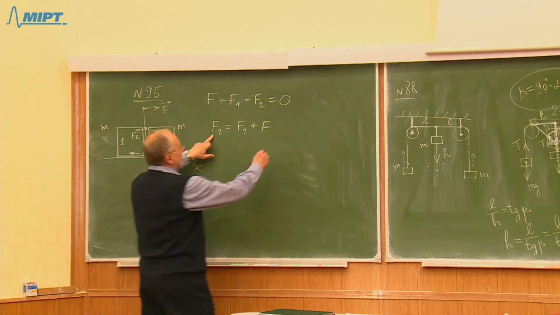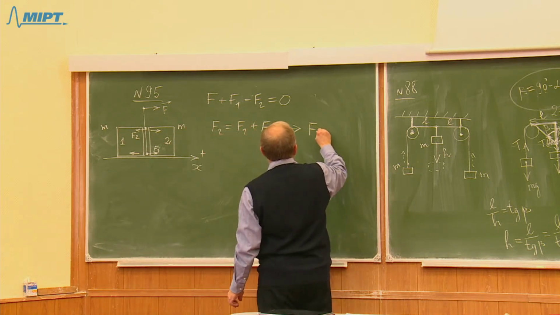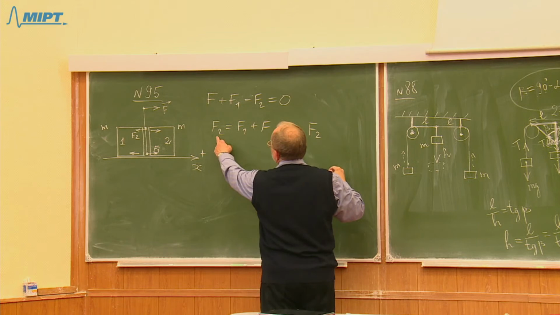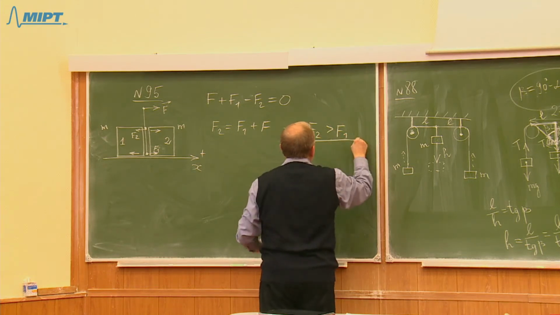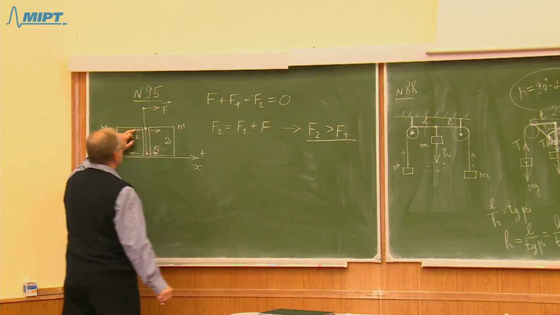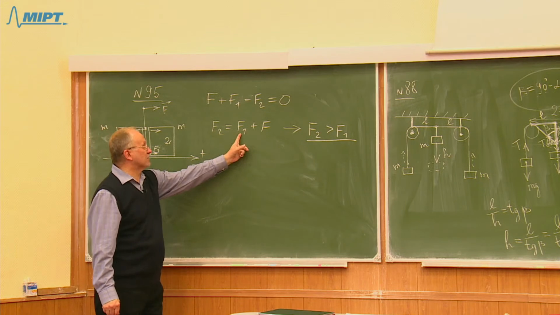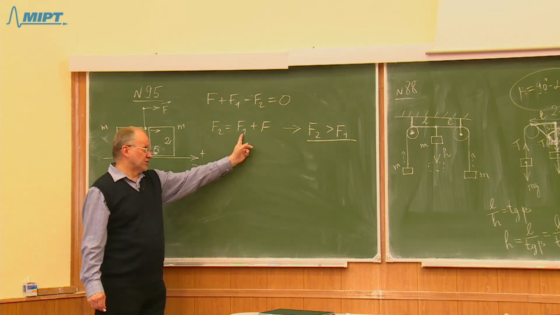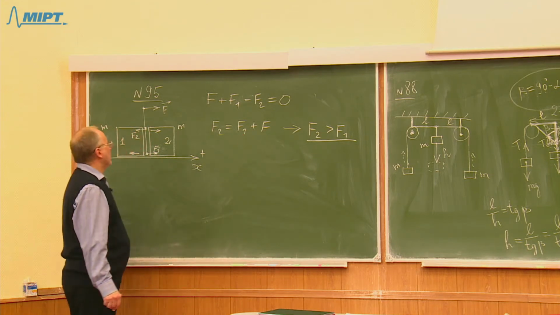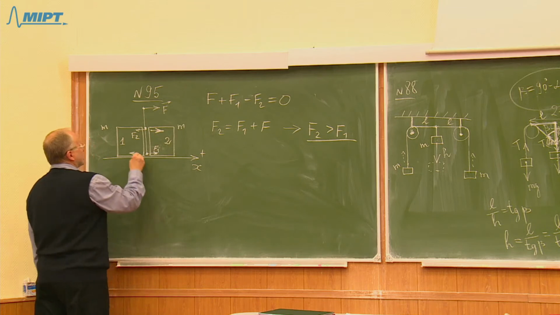It means that F2 is always larger than F1, because F2 equals F1 plus something. So F2 is larger than F1, certainly.